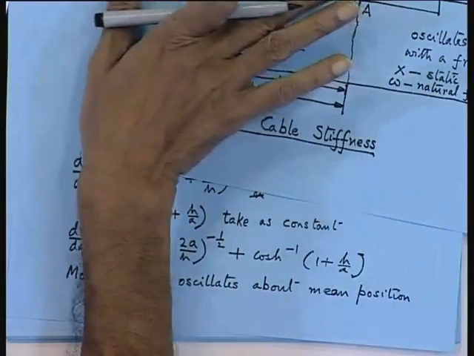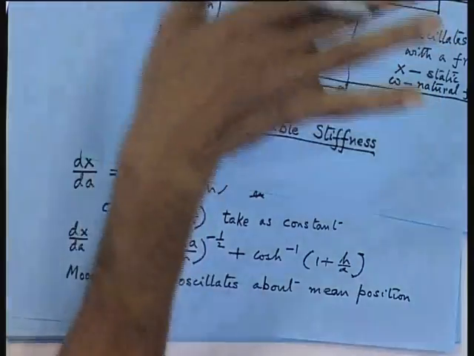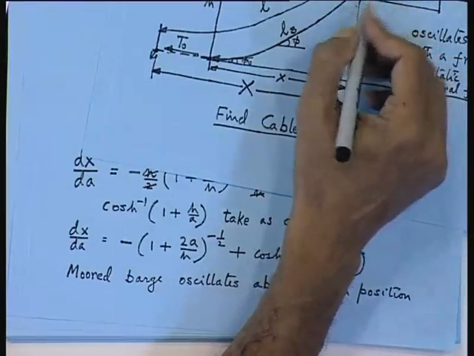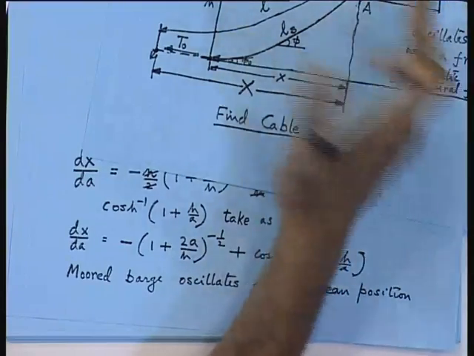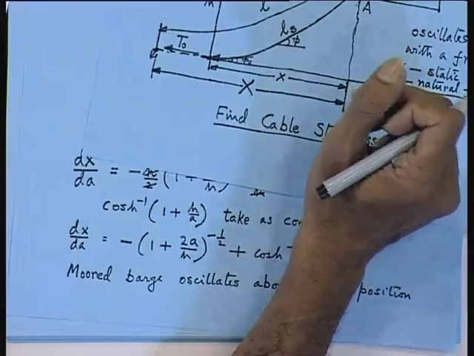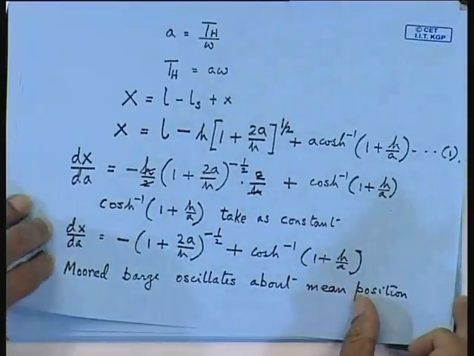The ship will be having a surge, and also a pitch, and at the same time it will be heaving. So that means a number of forces will be acting on the anchor line, which are superimposed one on another, added, and then you find out the total force. So we will come to that, but this is the situation that is going to happen.